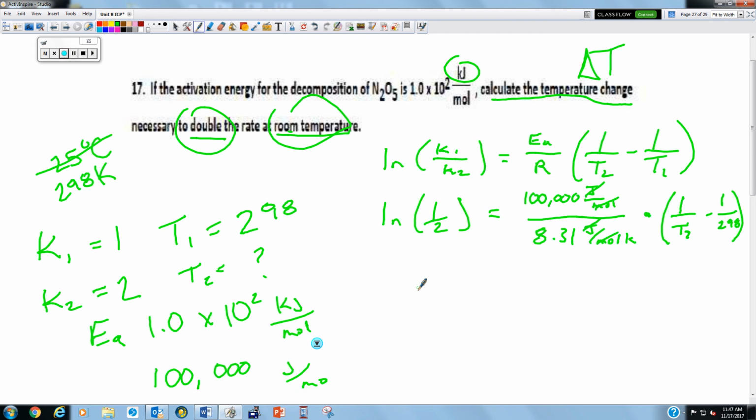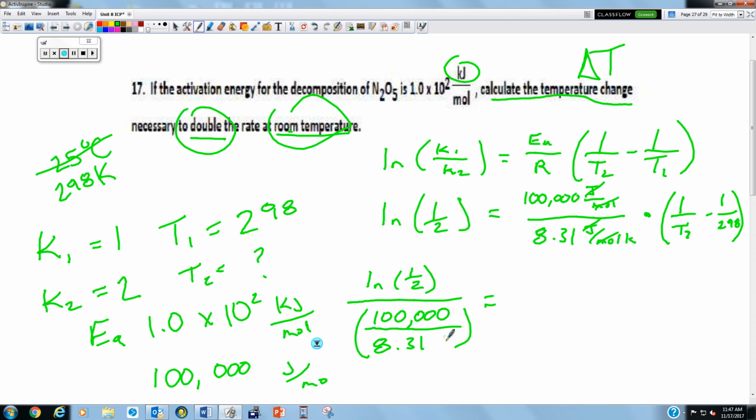And now we can do some manipulation. You need to manipulate to where you get T2 by itself. So the first thing I would do is go natural log 1/2 over 100,000 divided by 8.31. We've already gotten rid of our units.